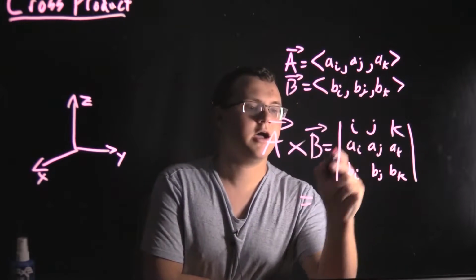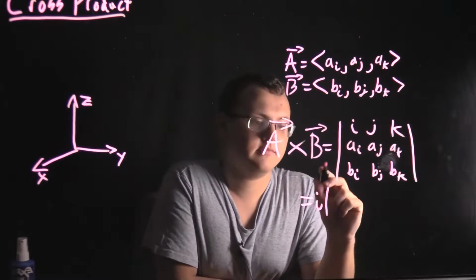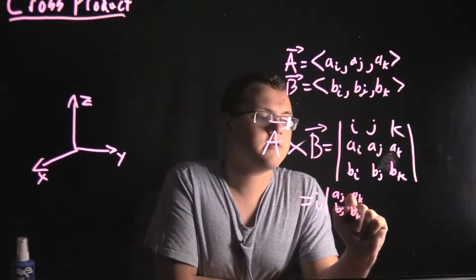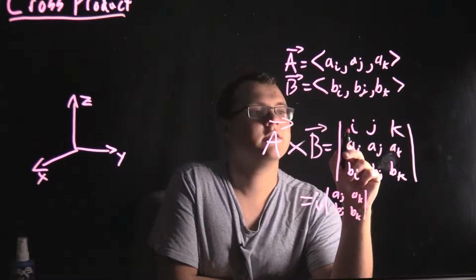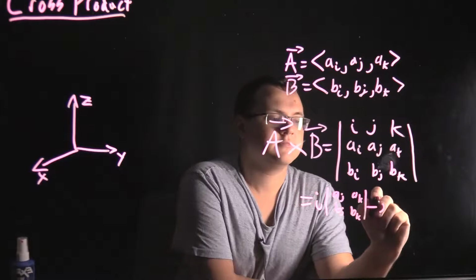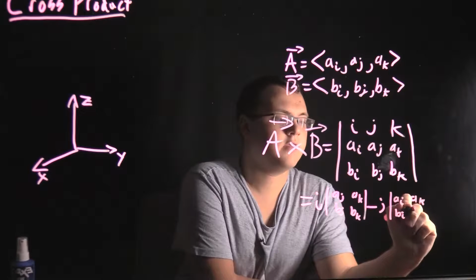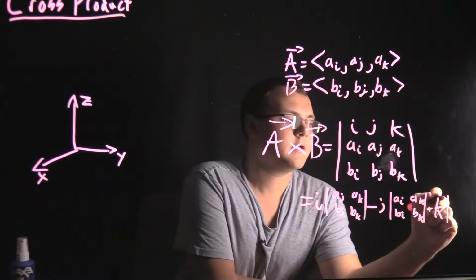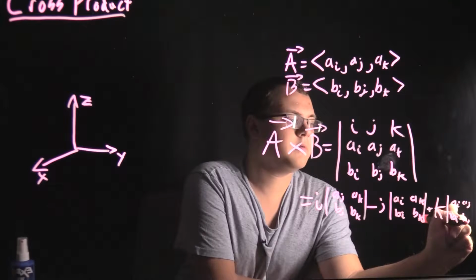So that would be I times AJ, AK, BJ, BK, because that's the part of it that is not including the vertical and horizontal I, minus J, AI, AK, BI, BK, plus K, AI, AJ, BI, BJ.